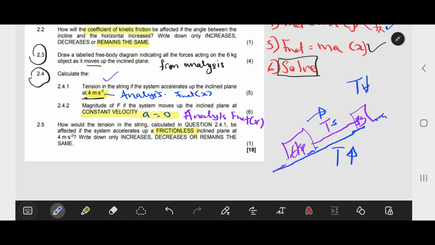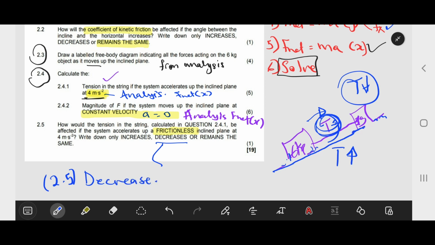So if it becomes easier to pull the object up the incline, the tension will decrease. So for 2.5, tension will decrease.